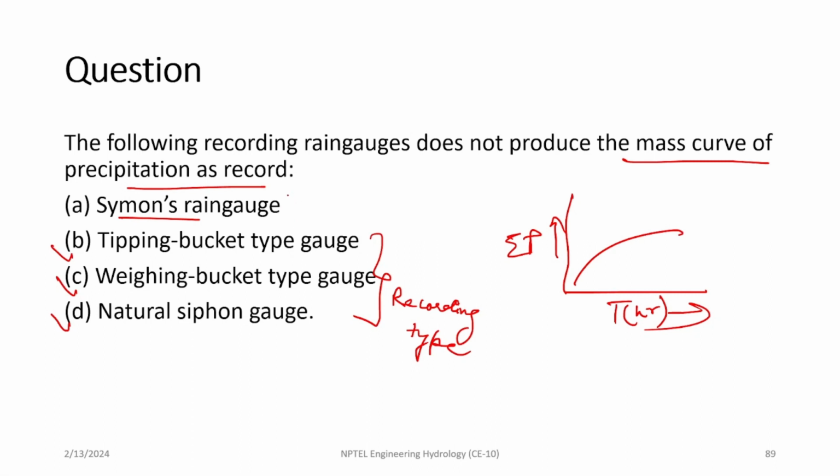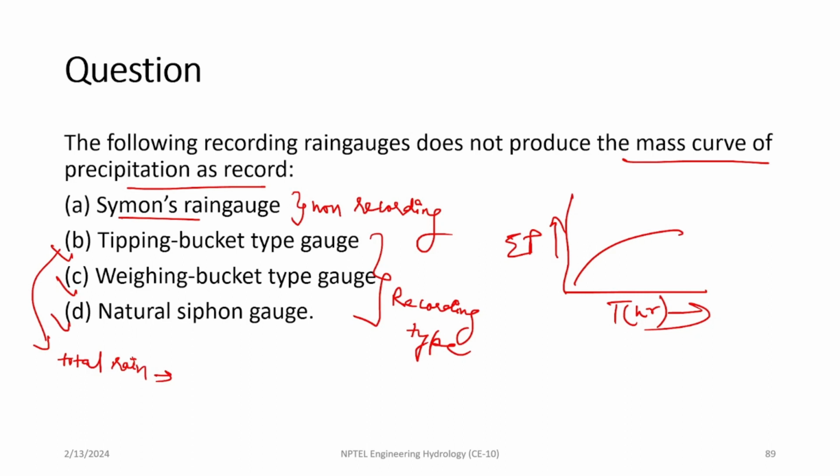I think weighing bucket. No, no, it's tipping bucket. Yes, right, tipping bucket. The tipping bucket type of rain gauge gives only a total rainfall value, like Simon's rain gauge.